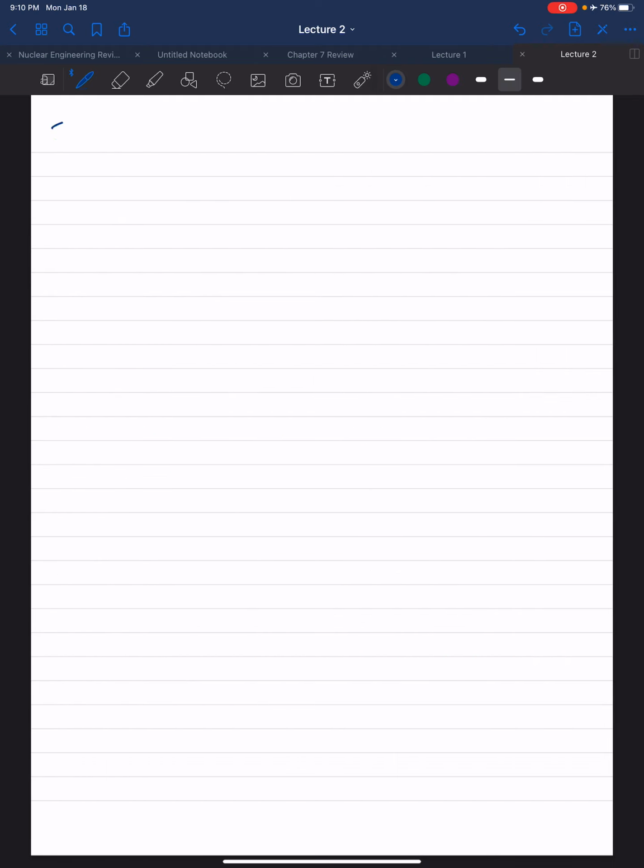To another problem, 7-60. Here it says determine the required diameter of the pins at A and B. This is page 358 in your text.